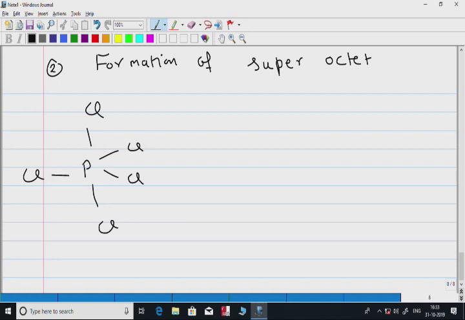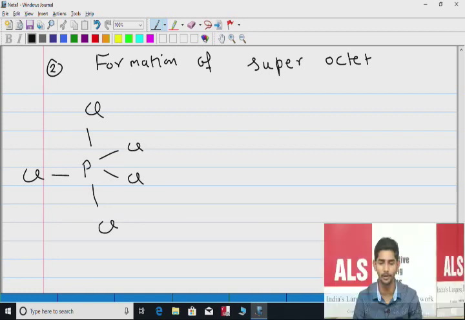Check out the bonds that phosphorus is forming over there, and on that basis tell me how many electrons it will have. 5 bonds are there, dear. In its octet, it will have 10 electrons.